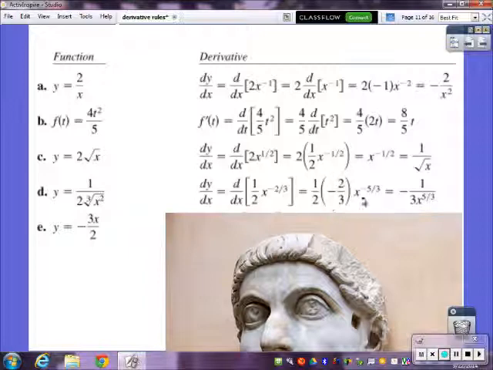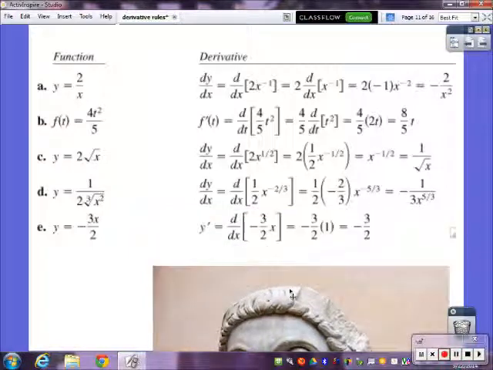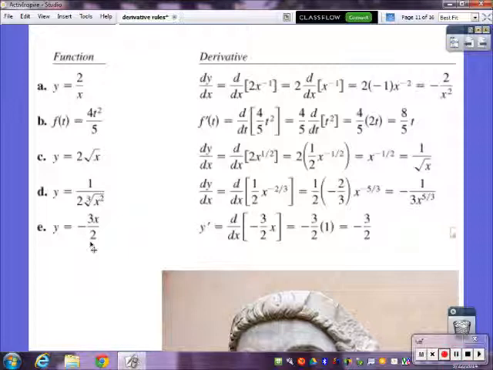Multiply by negative 2/3, subtract 1 from the exponent, and you get negative 1 over 3x to the 5/3. And lastly, I have a 3/2 times x. Multiply by the 1, that is the exponent of that x, subtract 1, you get x to the 0, so you end up with just negative 3 halves.